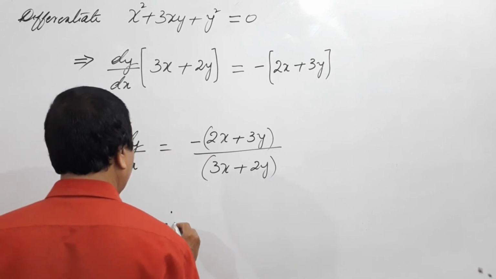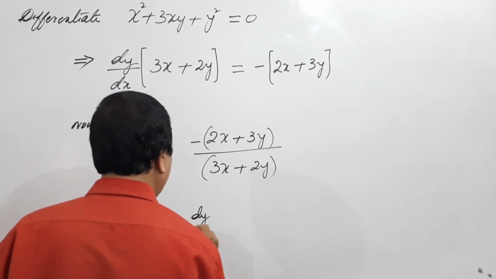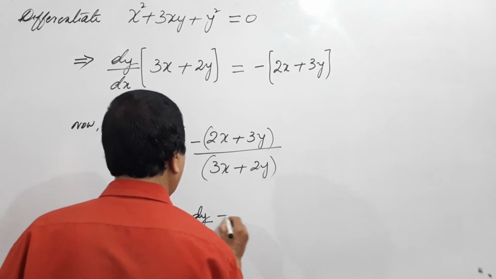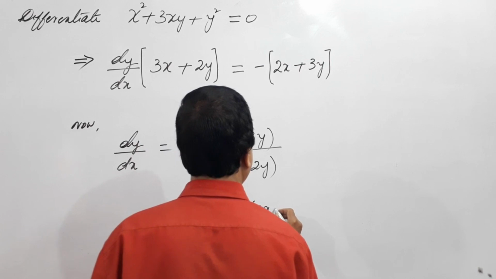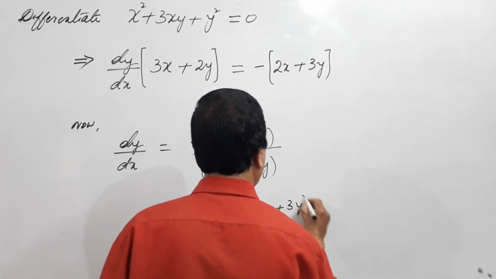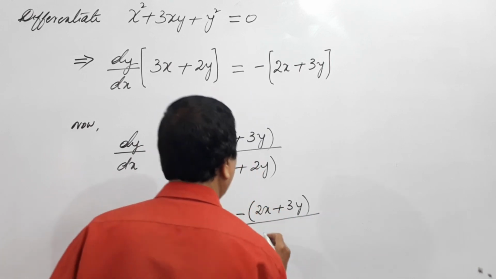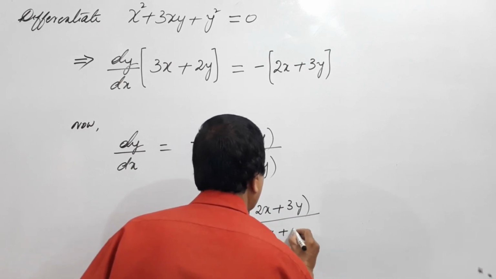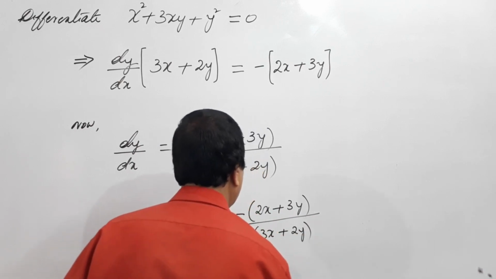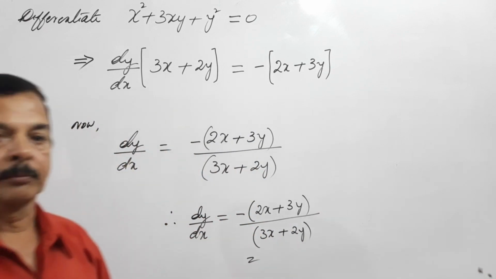Therefore, dy by dx equals to minus 2x plus 3y divided by 3x plus 2y. This is the answer.